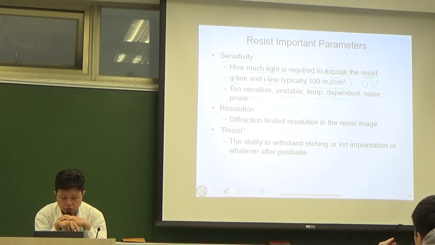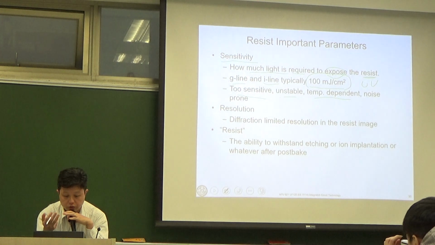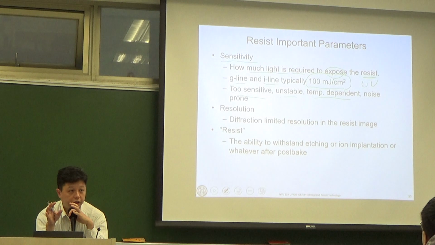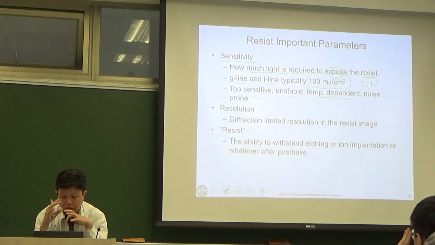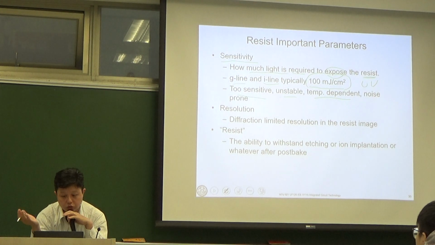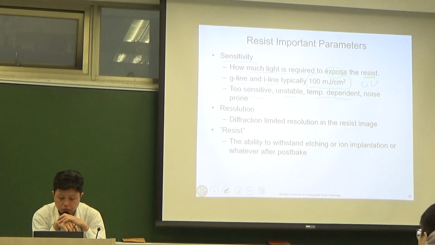That's why if you go to the clean room for lithography, the light is usually yellow. Yellow is the complementary light of your blue and purple UV light. So basically, if you screen out all the UV light in that room, it looks yellow, right?